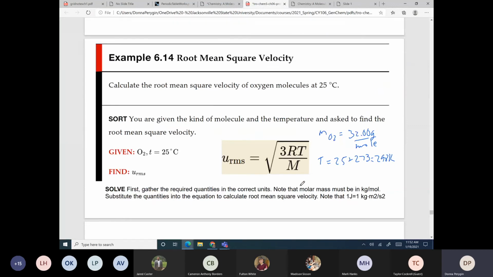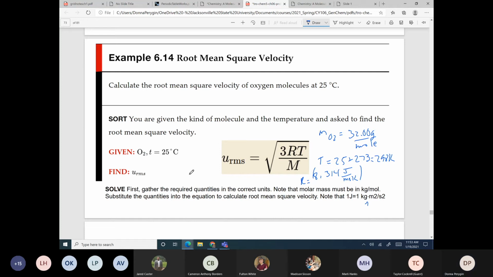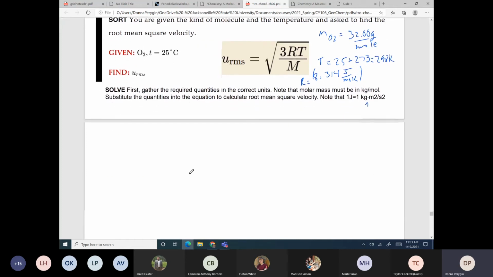So our R is in fact going to be a different number. So that's 8.314 joules per mole Kelvin. Okay, and that's our R. And our molar mass has to be in kilograms per mole. Okay, so let's do that conversion.